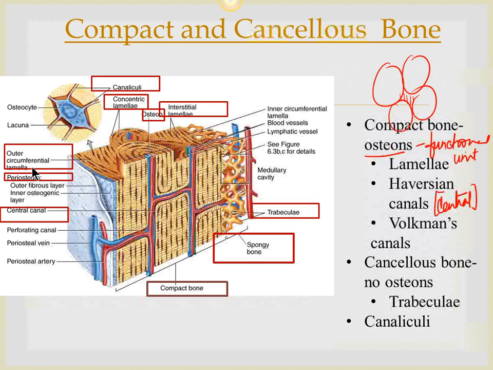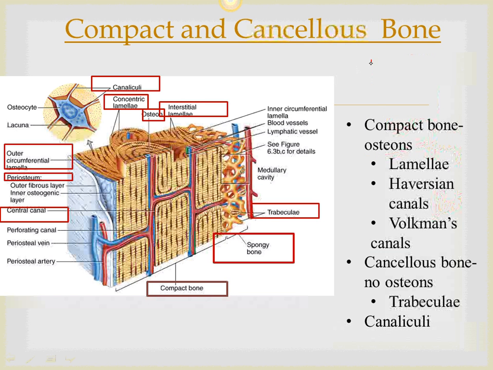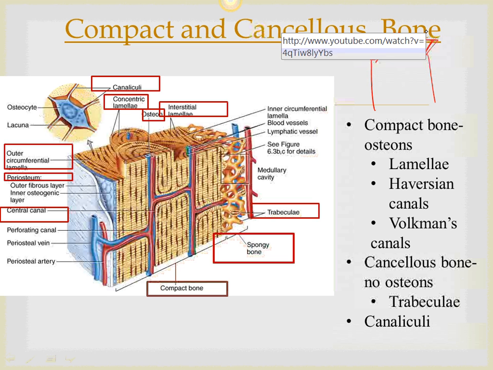Imagine, for example, this was a piece of compact bone. Circumferential lamellae will be on the outside and on the inside. You'll have the osteons up here, and you'll have the interstitial lamellae in between them. Do you see that? That's exactly what this picture is showing. See the circumferential lamellae, these are outer and these are inner circumferential lamellae. Okay.